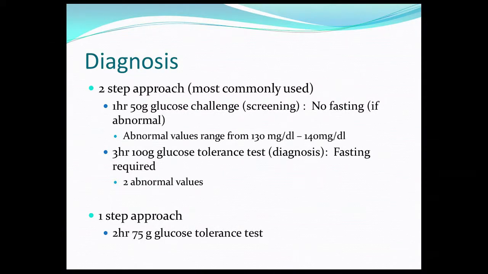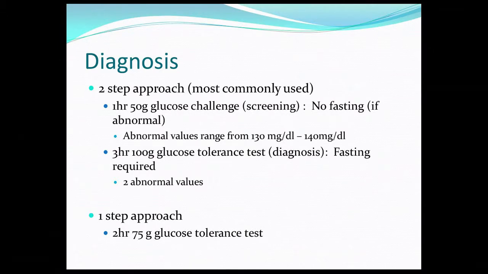Then if this is abnormal, you will do a 3-hour, 100-gram glucose tolerance test. This does require you to fast, and it requires extra time. You drink a similar solution. They will monitor your blood sugar first for your fasting, and then at each additional hour, at your 1 hour, 2 hour, and 3 hour mark.